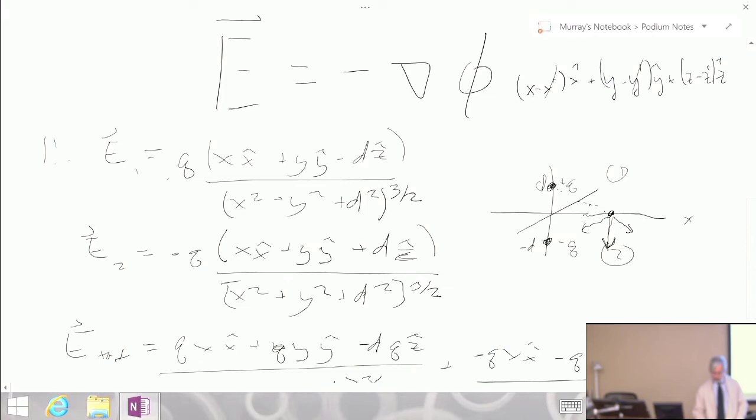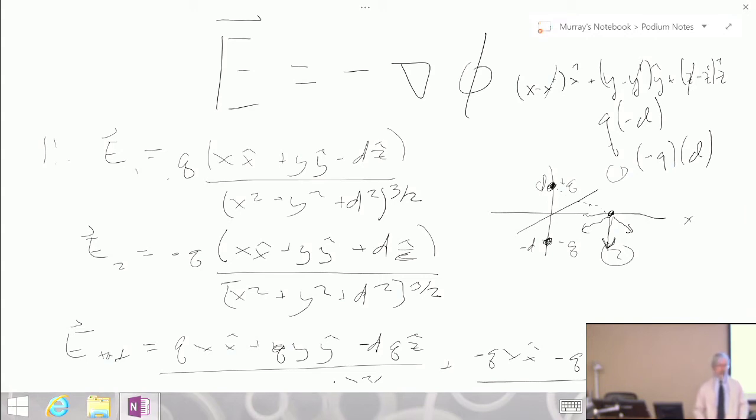And z prime for the positive charge is d, and for the negative charge is negative d. And so that's why we get a negative z prime here, and z is 0 because we're evaluating the points only in the plane. So in one case we have q times negative d. That's the first one. And the second we have negative q times positive d, because it's the negative of the negative. And so that's why we get 2.